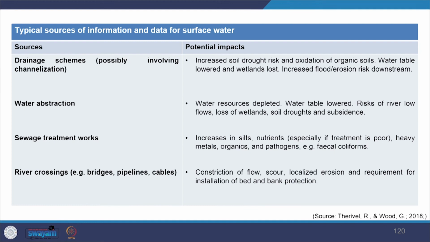Another one we see mostly in the urban planning domain is drainage schemes, possibly involving channelization for withdrawing water, sewage treatment works, and river crossing bridges, pipelines and cables. This also has possible impacts of increasing soil drought risk, oxidation of organic soils, water table lowering, and loss of wetlands.